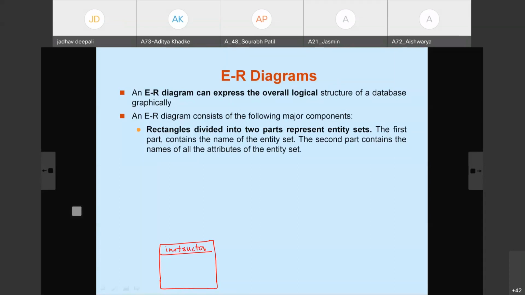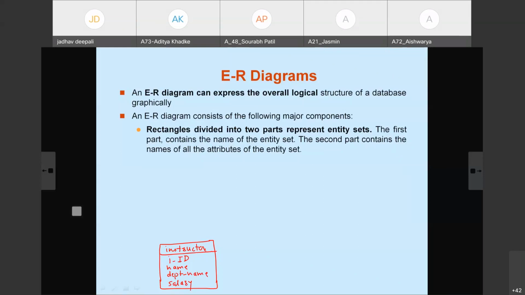This is one rectangle which is divided into two parts. What are the attributes of this entity set? The attributes are instructor ID, name of the instructor, department name of the instructor, and salary of that instructor.